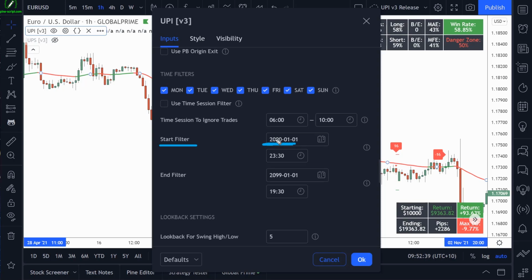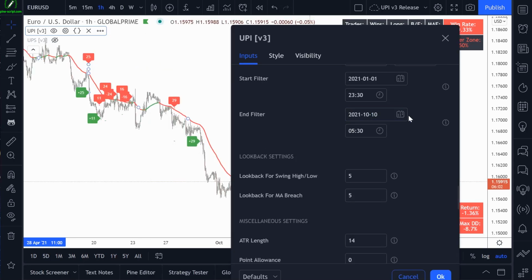If you load up a market that has price data that starts beyond the 1st of January 2000, then it will ignore any trades before that time. So for example, if I set the start filter to, let's say, the 1st of January 2021, and I set the end filter to, let's do the 10th of October.